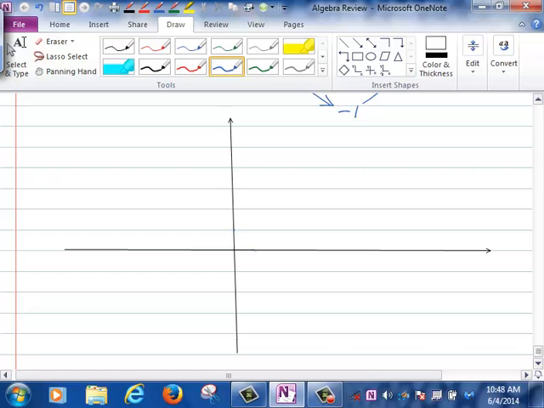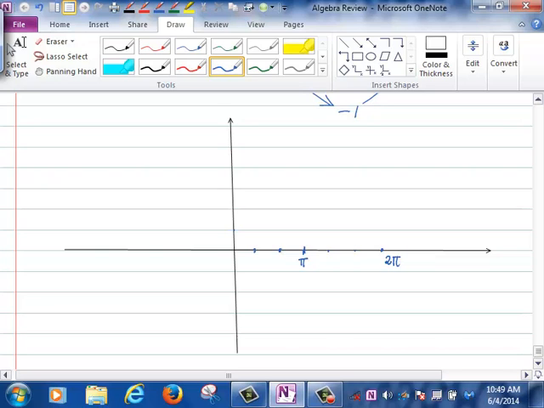So I'm going to pick 1, 2, and 3. Pi is about 3.14, so 3, 4, 5, and 6. I'm going to say that my pi is about here, and 2 pi is about here.